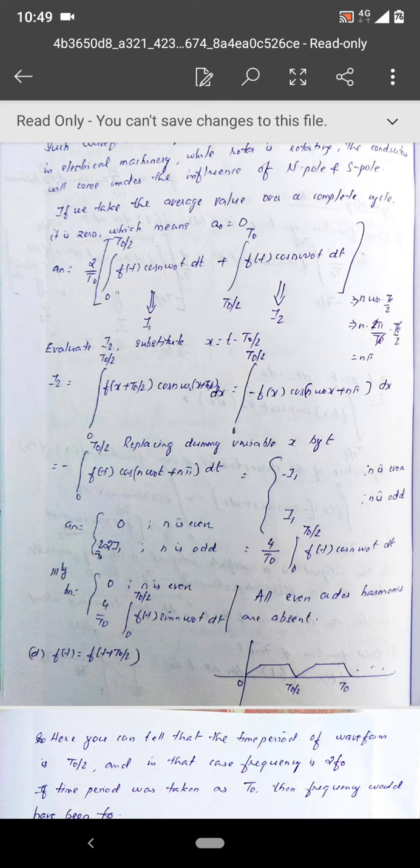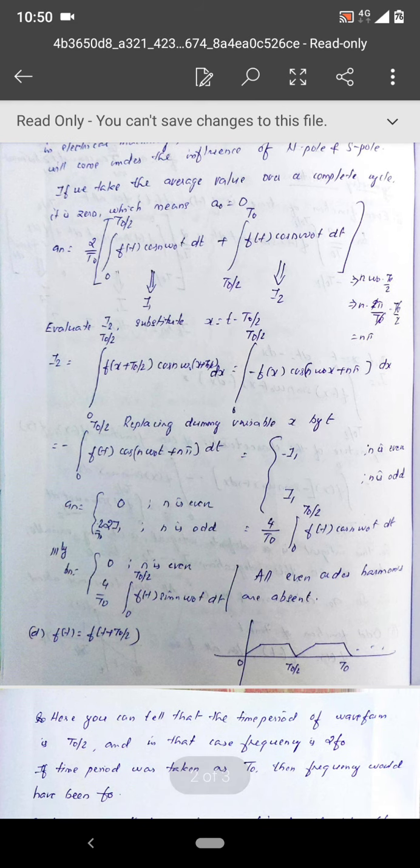Then instead of f of t, what can I substitute? From the relationship x equal to t minus t naught by 2, we know t is equal to x plus t naught by 2. So I can substitute f of x plus t naught by 2 cos n omega naught, and instead of t, again x plus t naught by 2, and instead of dt, dx.